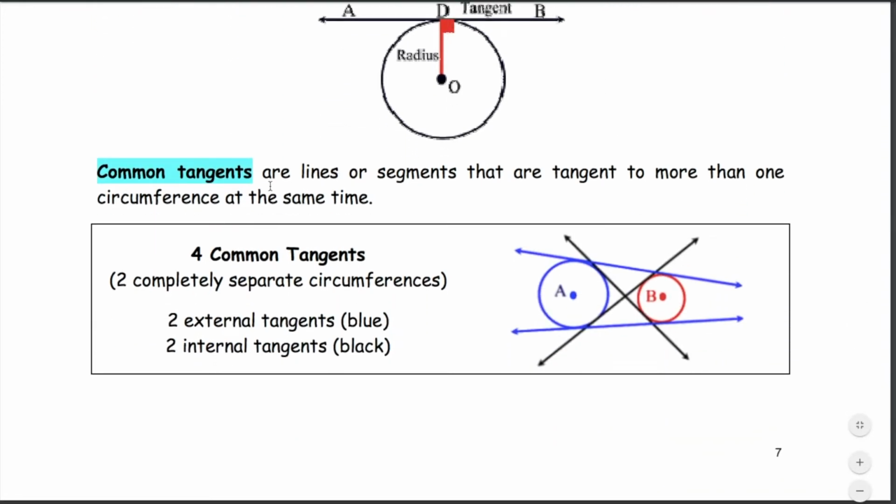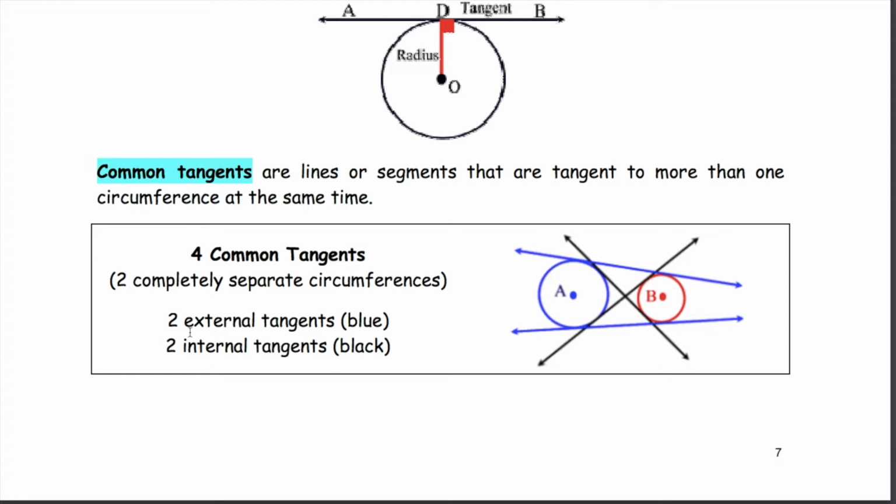Common tangents are lines or segments that are tangent to more than one circumference at the same time. So, 4 common tangents on 2 completely separate circumferences.